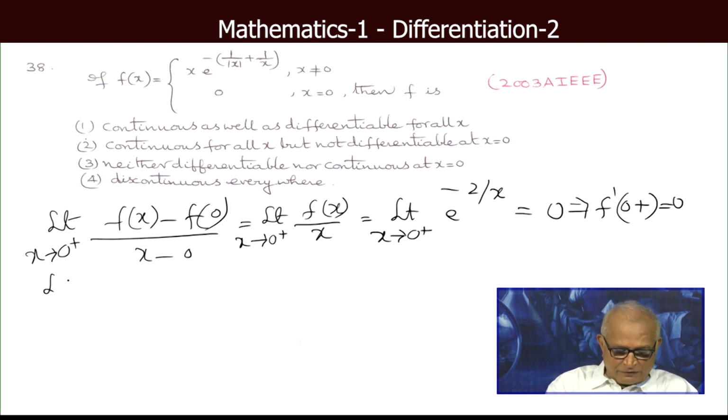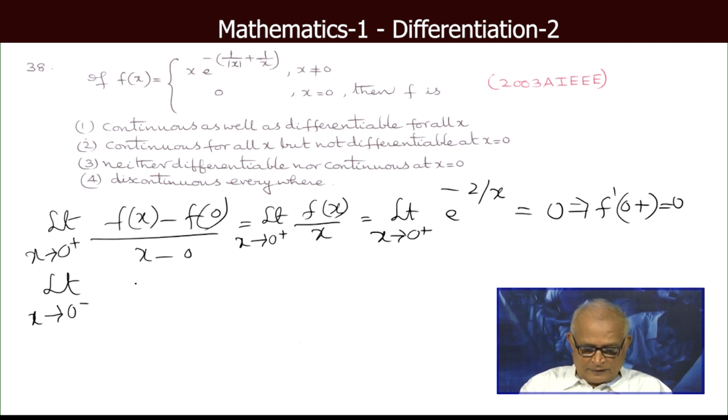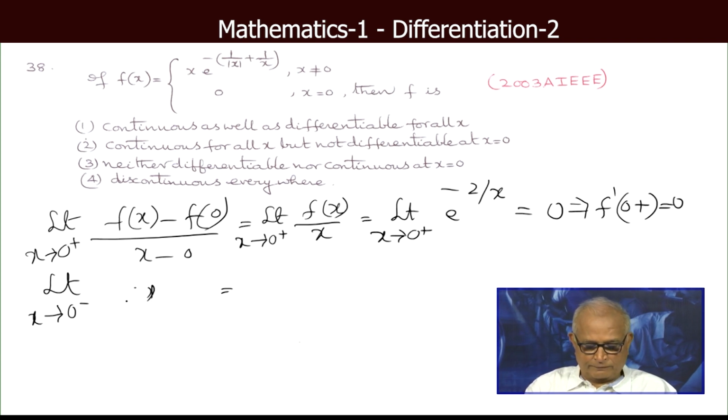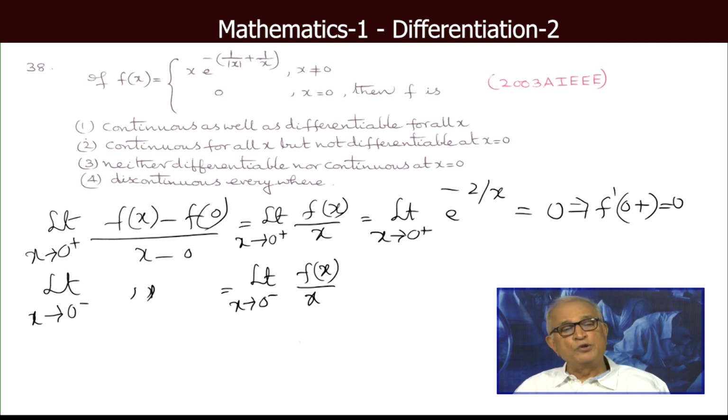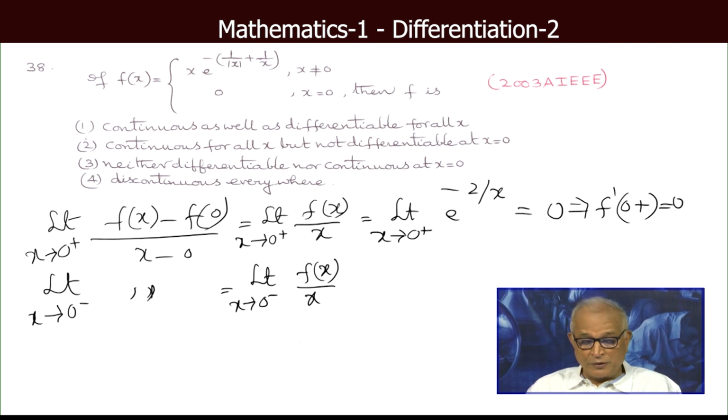Let us see the left hand derivative. Same ditto. Limit once again fx by x as x tends to 0 minus, because f0 is 0. When x tends to 0 through negative values, mod x is minus x. Look at this, mod x is minus x and minus 1 by x plus 1 by x is 0.